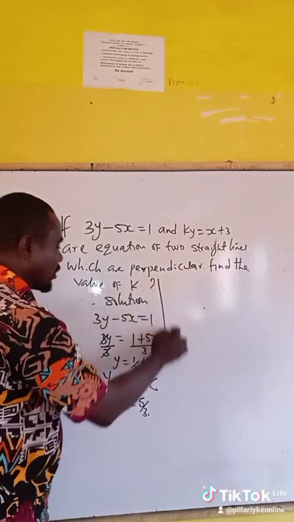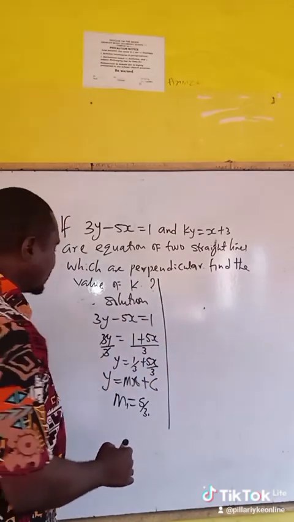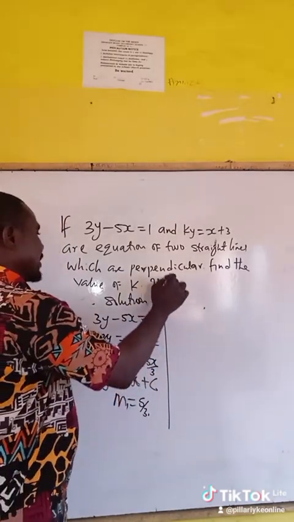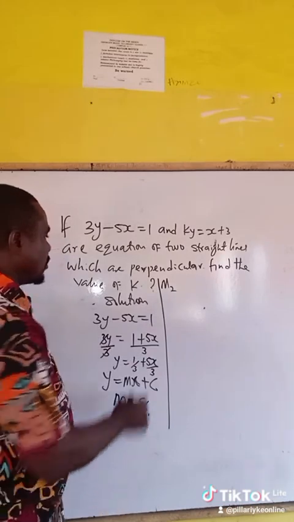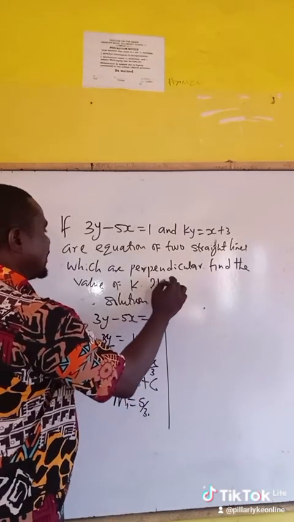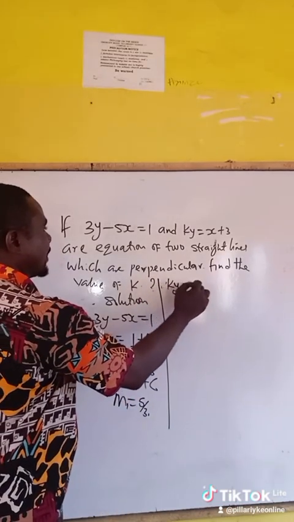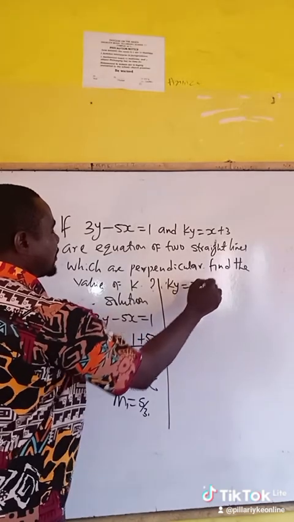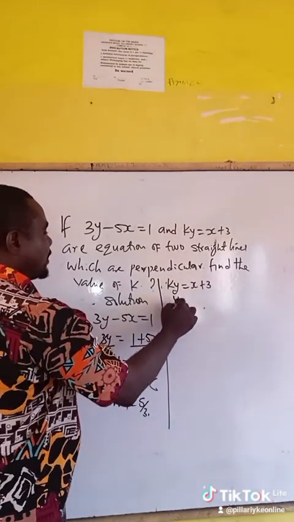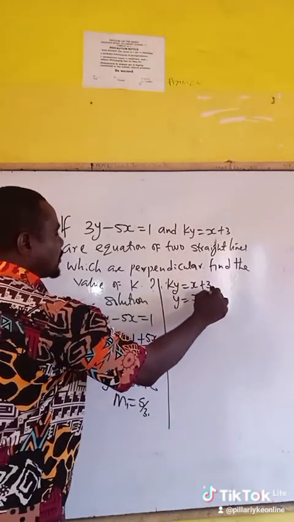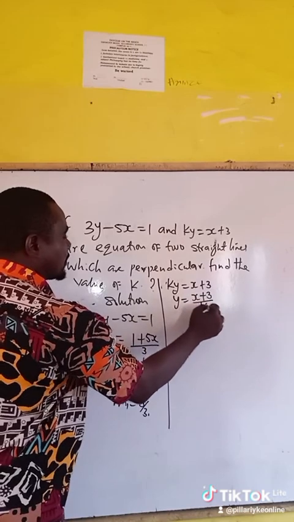Then coming to the second equation, the gradient is M2. To get M2, we make y the subject in the second equation. So y will be equal to x plus 3 divided by what? k.